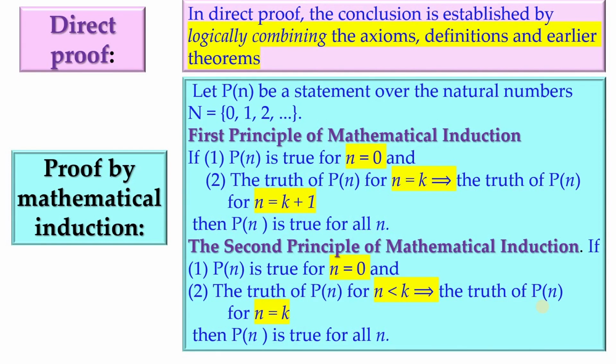Supposing the second principle of mathematical induction is to be used, then check if P of n is true for n equal to 0, and check whether the truth of P of n for n less than k implies the truth of P of n for n equal to k. Then P of n will be true for all n.